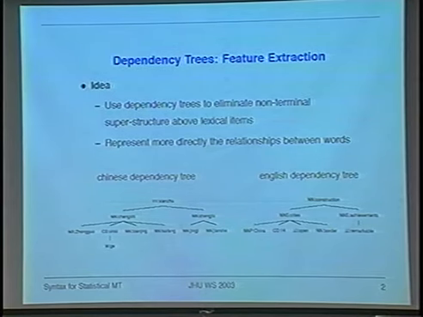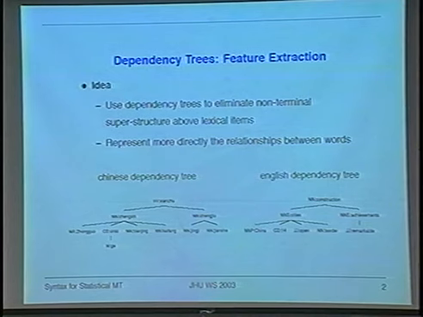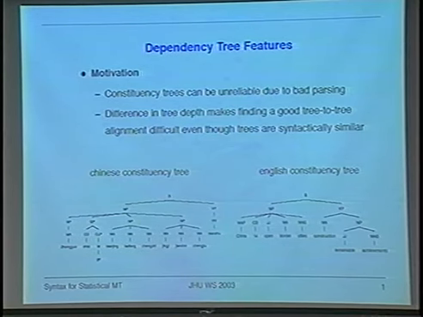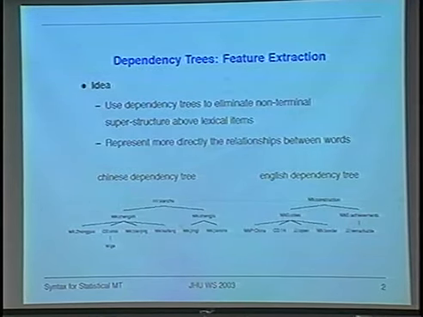By using this new format, we've eliminated all of this non-terminal structure that we can say could be inaccurate or arbitrary. So we've gone to a much more direct representation, and we're also representing relationships between words more directly.